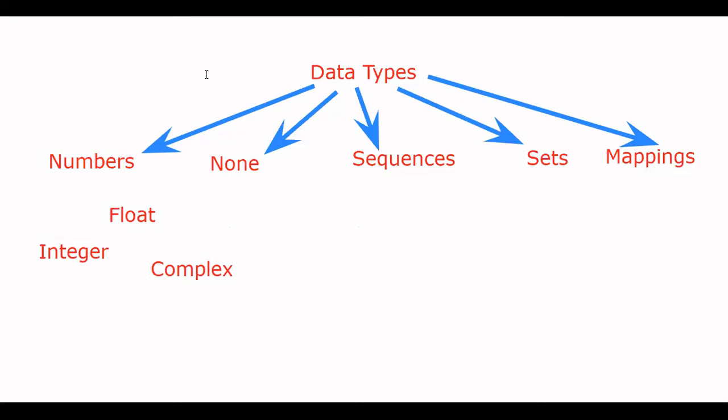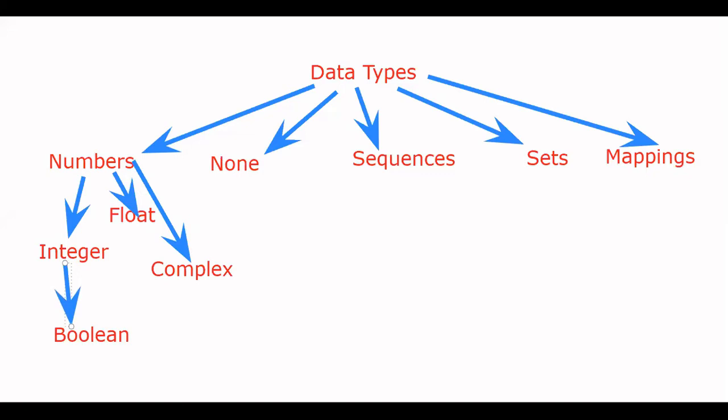So these are the 3 number data types. And integer is further divided into Boolean. Remember Boolean? Only true or false can come in that, correct? None itself is a data type. There is no further division of it.